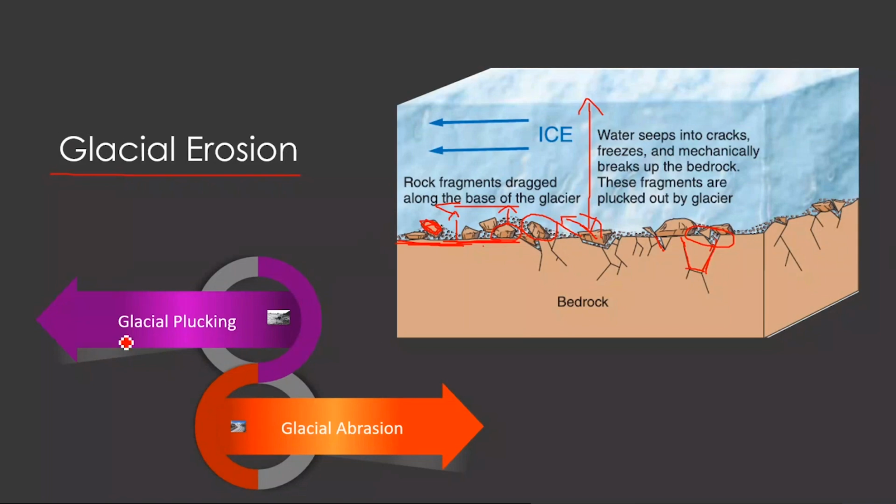First is glacial plucking, through which the water plucks particles of the rock. The second is that, along with the plucked particles, the glacier will erode the other portion of the bedrock. So these are the two processes.